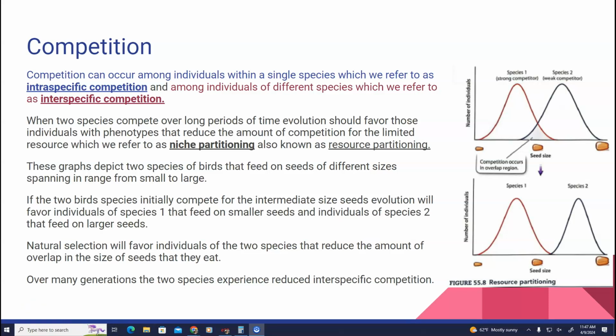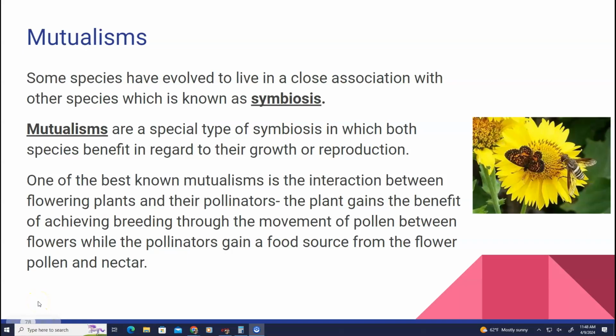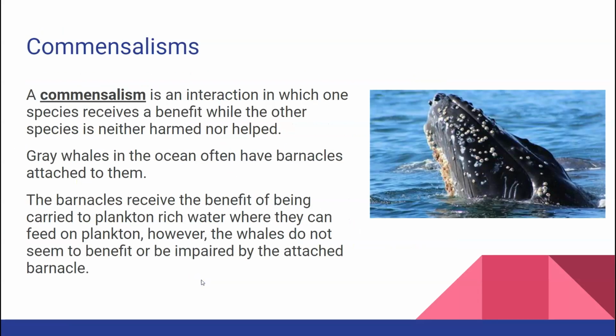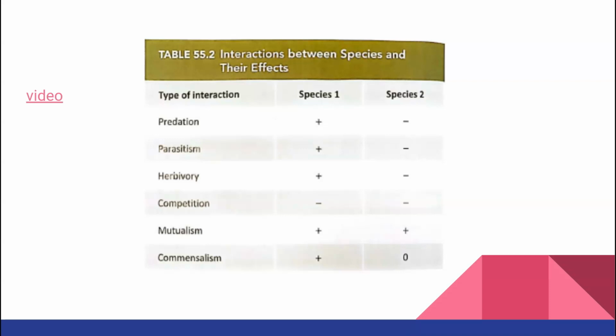So as they compete with each other, natural selection really pulls towards different phenotypes. There are mutualisms where two species end up having a mutual benefit from their interaction. We've got commensalism, where one species will benefit and the other one is neither harmed nor helped.